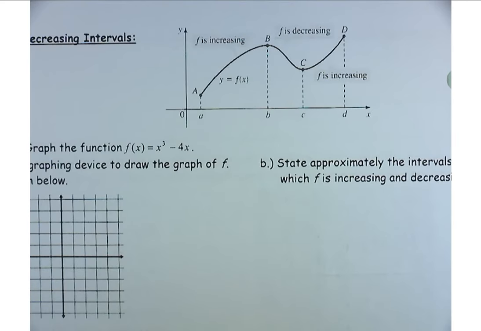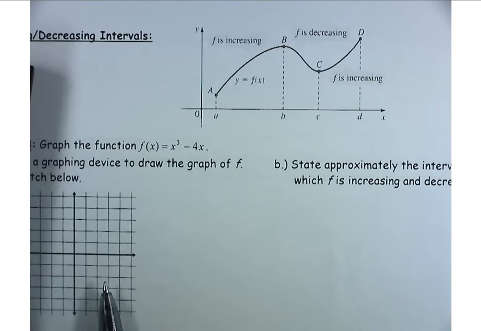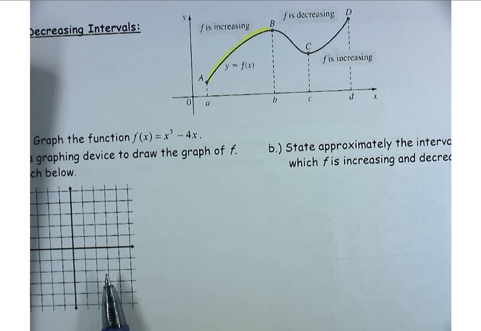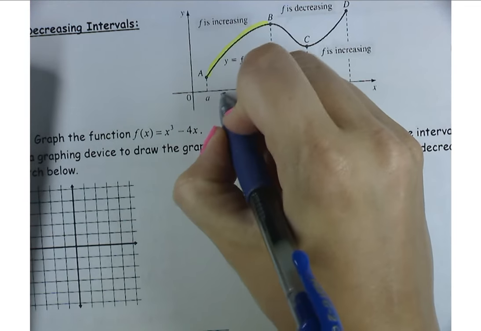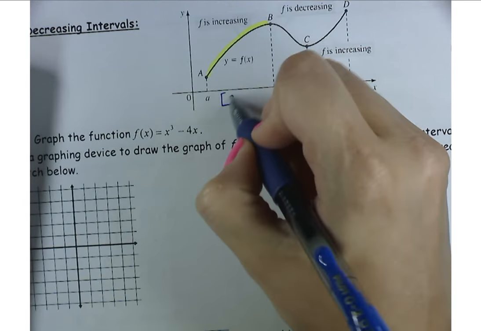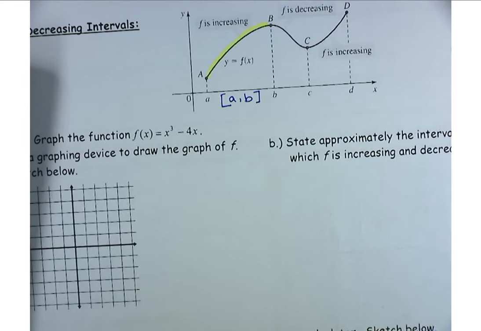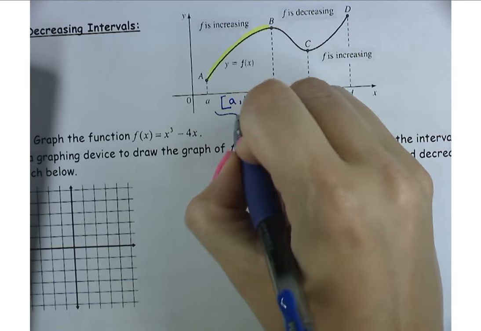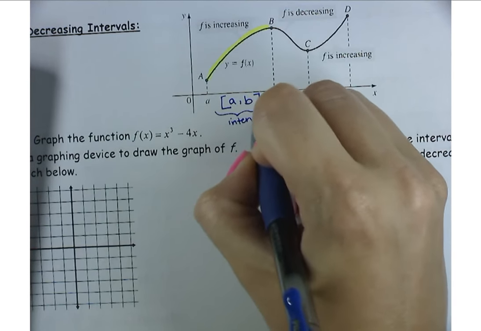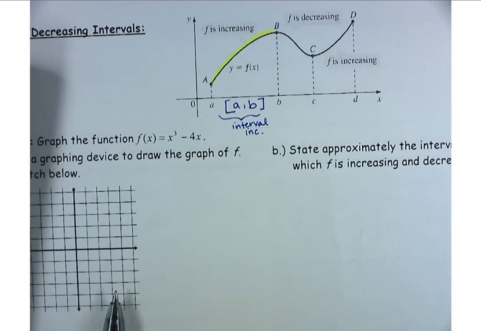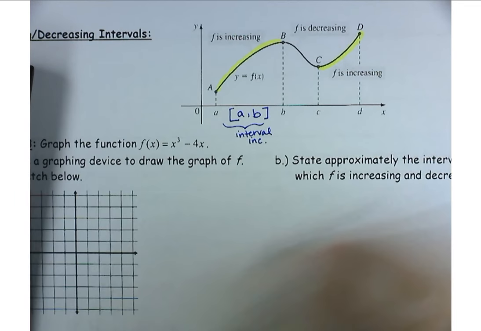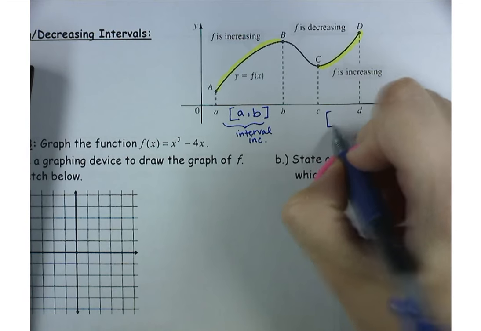So you can see here from A to B, the graph is going up, correct? We would say that the interval it increases on is, this is your x value, little a to little b. So this is the increasing interval. The other interval where it's increasing is from point C to point D, which you can look at the corresponding x values on.